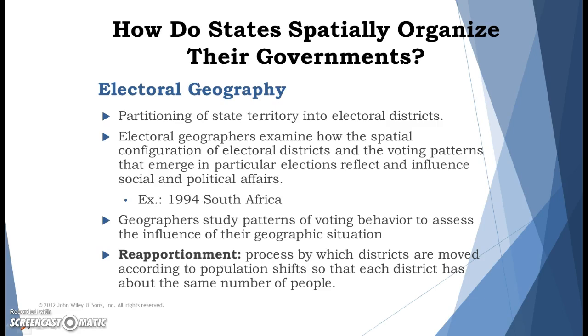And there's a whole field of political science that is just dedicated to electoral geography. And what they do is they study the patterns of voting behavior. If we're talking about people whose main focus is the geography piece, they look at how geographic situation then influences voting behavior.